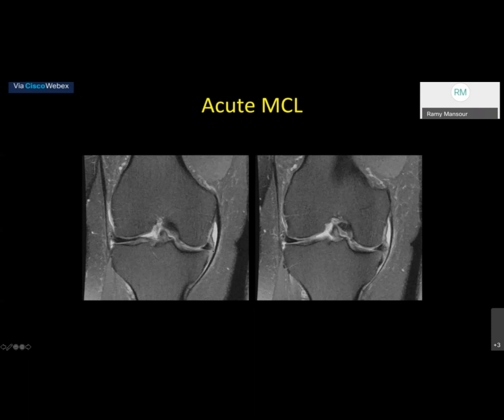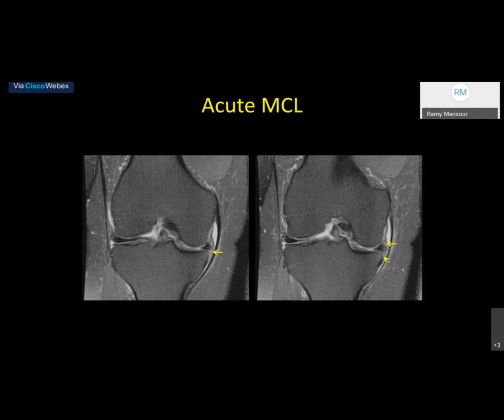So sometimes an avulsion injury can happen, and this ligament is torn and avulsed from its meniscal attachment, like this patient. You can see here that this is the meniscofemoral ligament, and it's not attached anymore to the medial meniscus. And this represents a meniscocapsular separation.